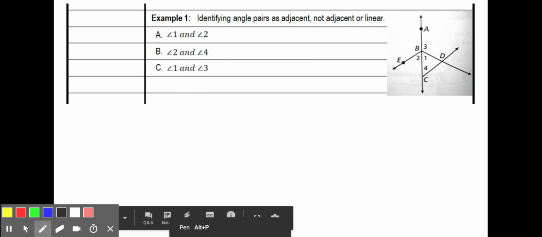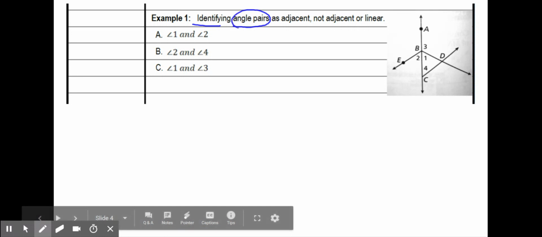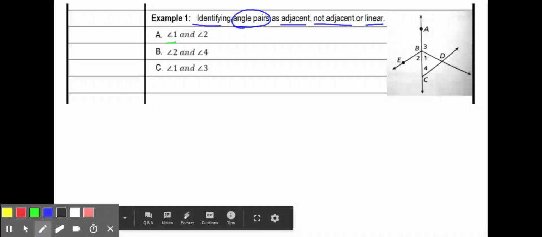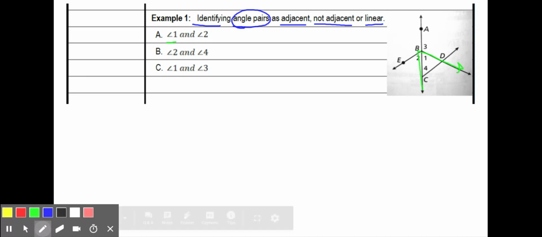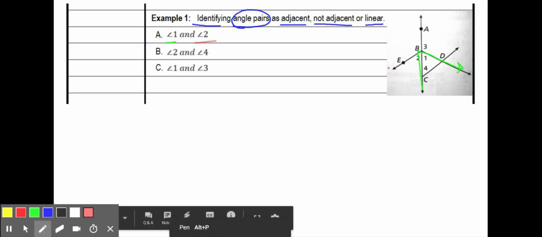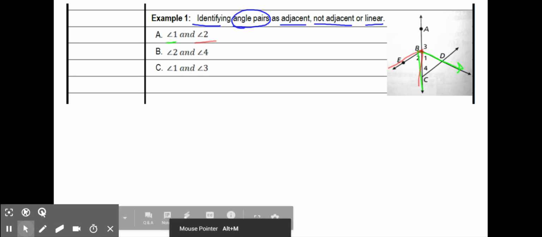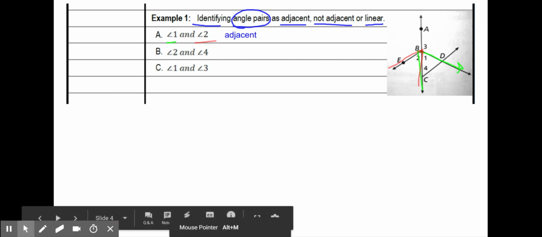We've got some examples. Identify angle pairs. So our verb is identify. We're identifying angle pairs and we're identifying them as adjacent or touching, not adjacent, not touching, or that special form of adjacent angles, linear. So if we first look at angle 1 and angle 2, we see that they do share a common vertex and a common side, and so we can label those adjacent.